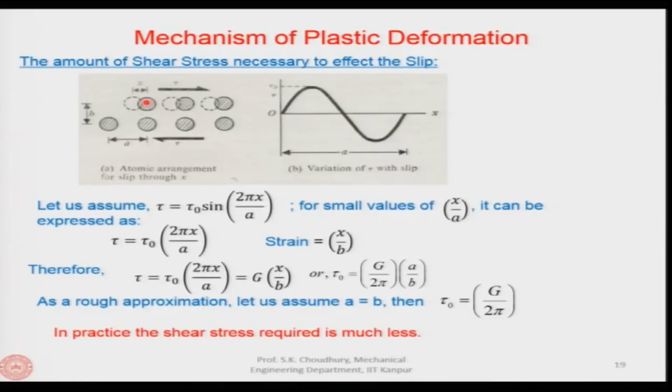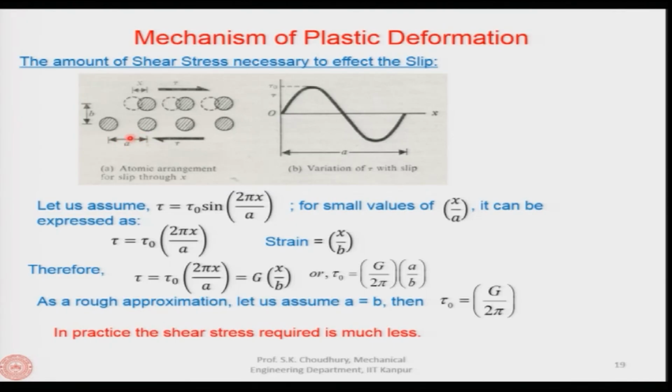Let us say the black lines are the atoms in the initial position, and because of the shear stress applied to the lattice structure, the atom has moved from this position to this position, which is x. x is the movement of the atom because of the application of the shear stress tau. Now, the distance between the two layers is b, and the interatomic distance is, let us say, a.